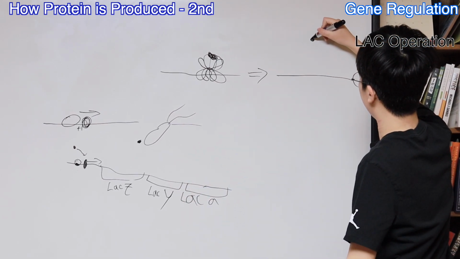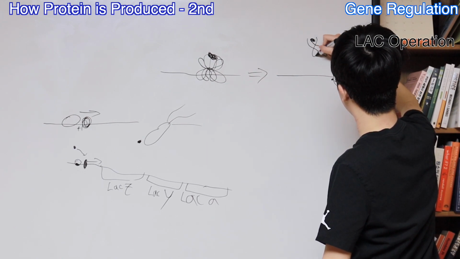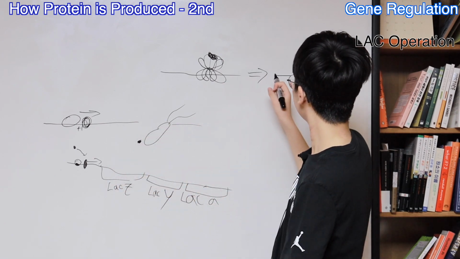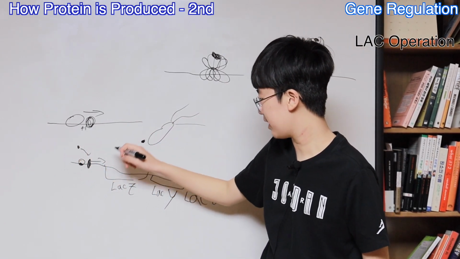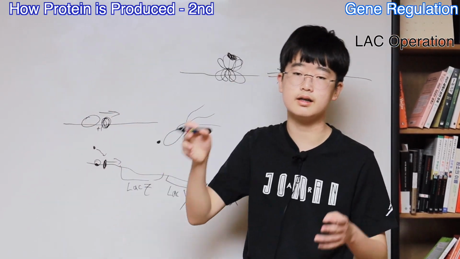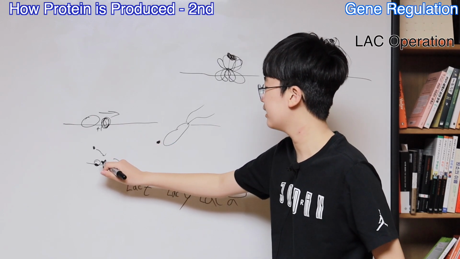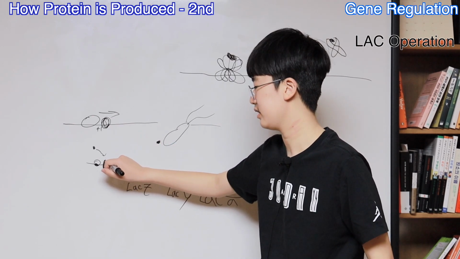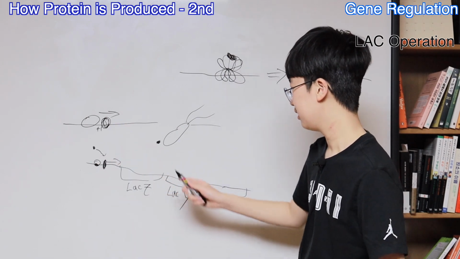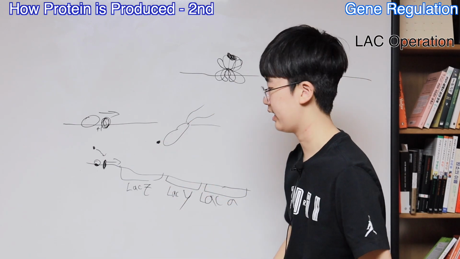Let's draw something over here. The protein binding onto the lactose. So when the lactose kind of passes by, the protein binds to the lactose instead of the gene. So the gene is free from the binding, and now the polymerase can be polymerizing. Now the polymerase can do its job of making the RNA.